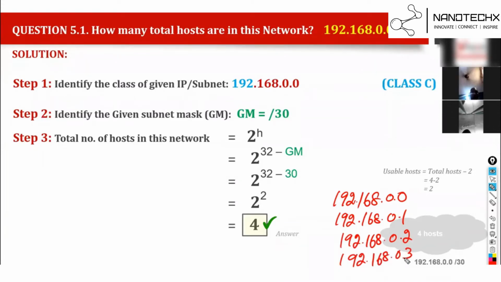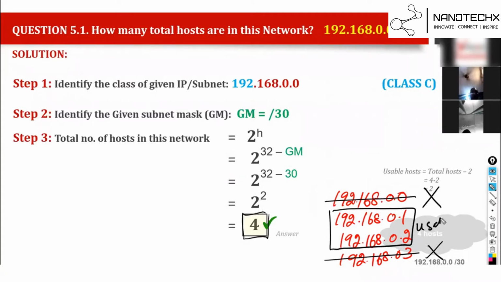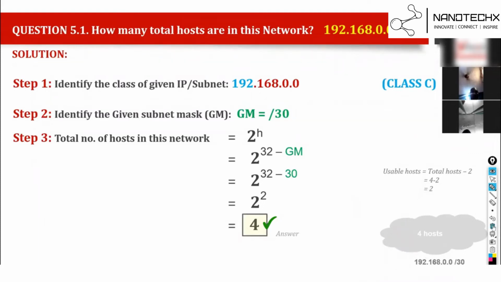Why? Because the first one is not usable, it is the network number. The last one cannot be used. So we got only 2 usable IP addresses and a total of 4 IP addresses or 4 hosts, right? Whenever you want to calculate usable, you can just use total minus 2. So 4 minus 2 is equal to 2.